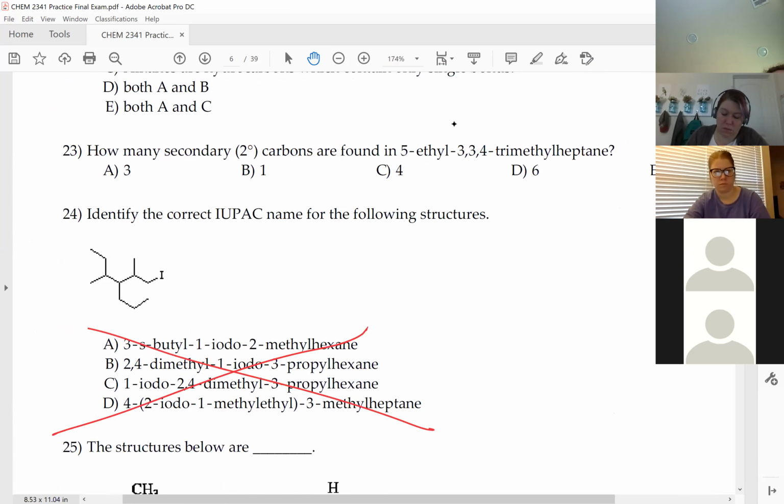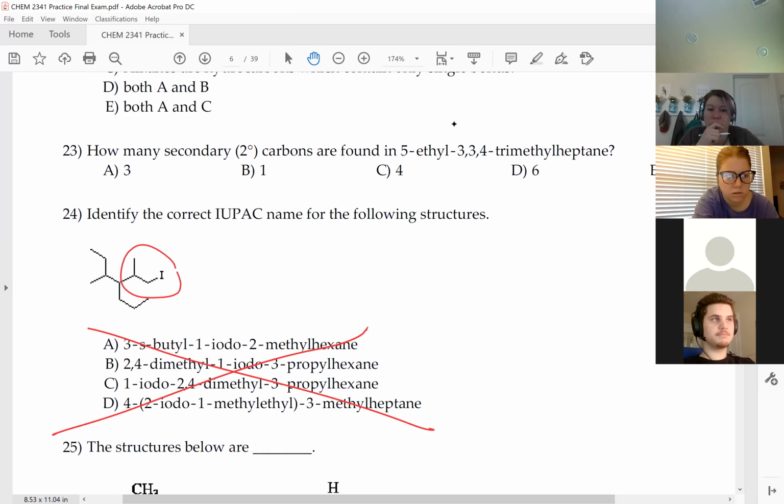What is the longest carbon chain in here? 6. 7. I'm only seeing 6. Well, if you go from top to bottom, you get 7 that way. Oh yeah, so if you do this, but then you end up with a complex one here.